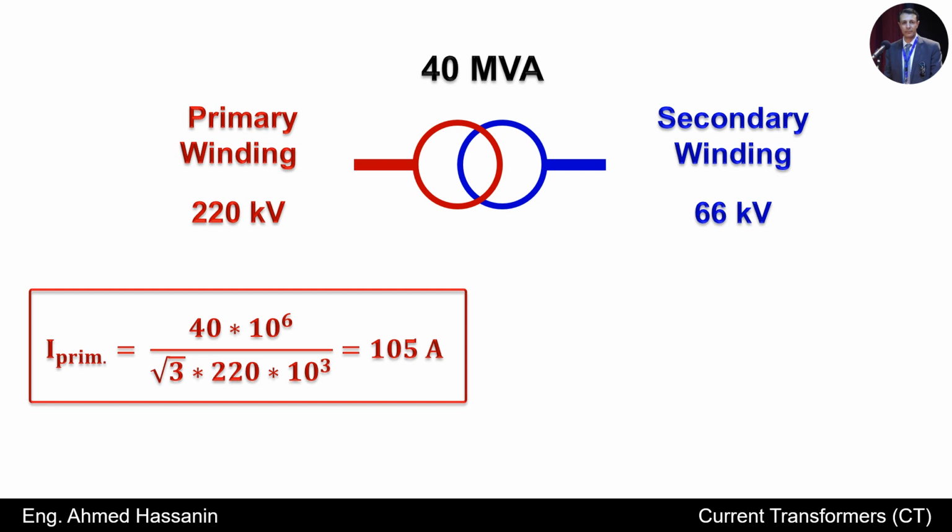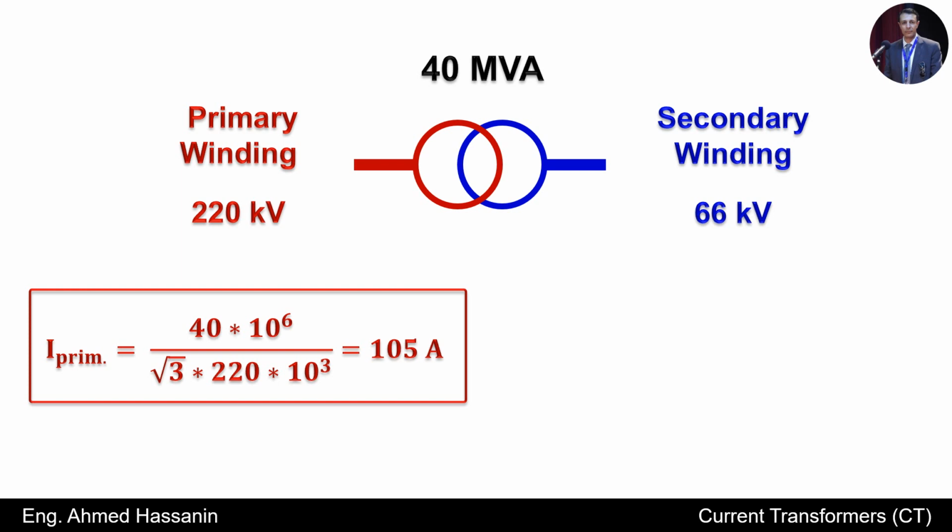To calculate the rated full load current on the primary and secondary sides of this transformer as follows. The rated full load current on the primary side equals the rated power of 40 megavolt amperes multiplied by 10 to the power of 6 divided by the square root of 3 and 220 kilovolts and 10 cubed.